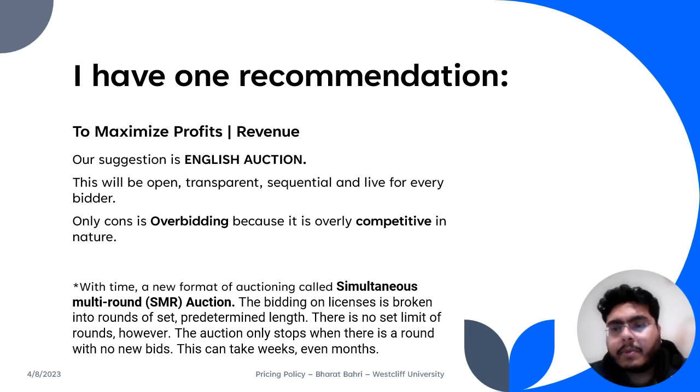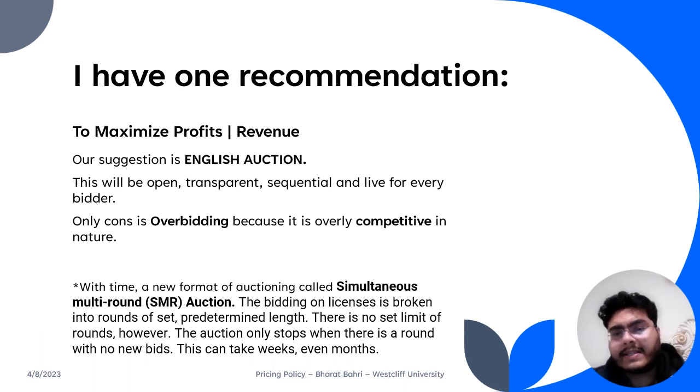So going by our recommendation to maximize profit or revenue, our suggestion is the English first price auction, as it will be open, transparent, sequential, and live to every bidder. So any bidding that is going on will be live, and that will result in all the companies bidding their maximum.